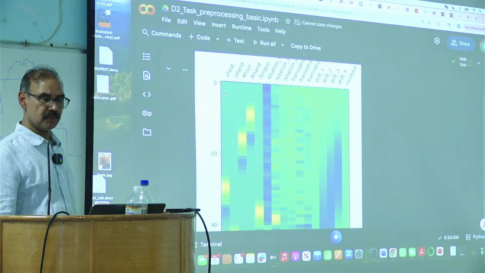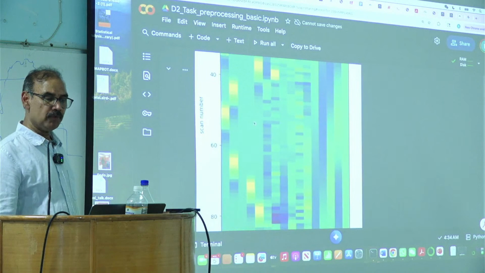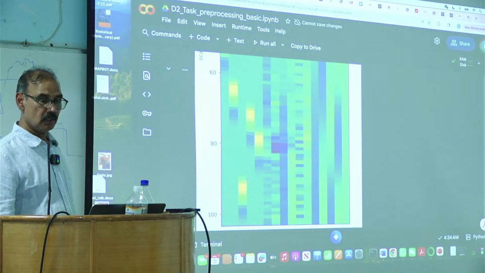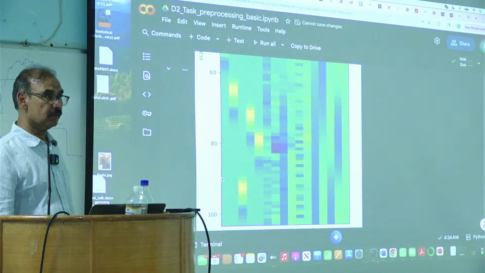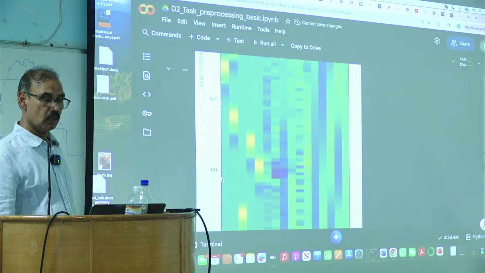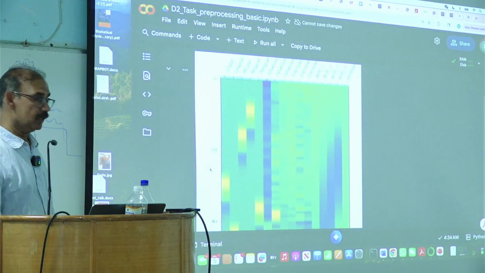Like these regions are baseline, and then we could also take other regions, like this is baseline also, like this region between 80 and 90. This is scan number, right?